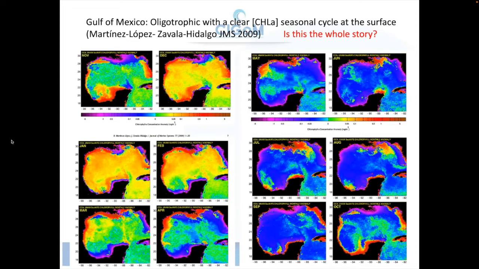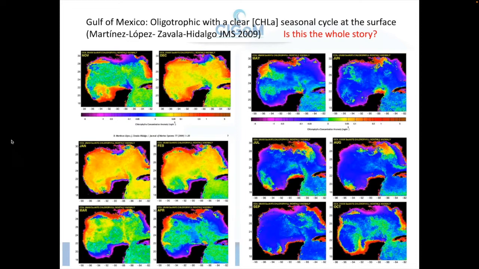What you see on the left panels is winter and fall. On the right panels, beginning with the first one, May, you have the end of spring and summer. And obviously, you see the strong variability in the chlorophyll content at the surface.